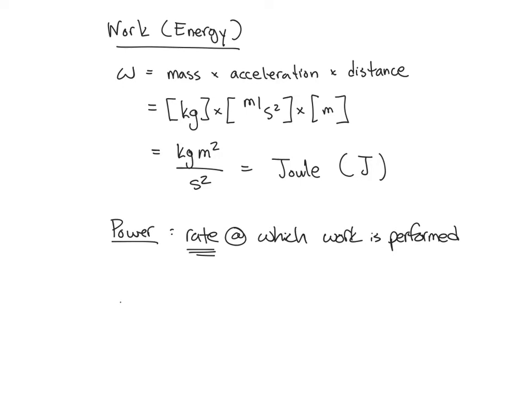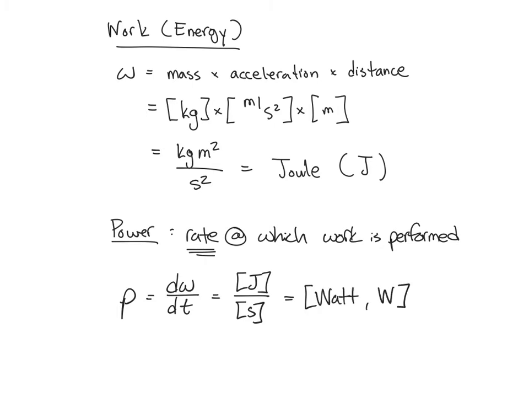So power is going to be denoted by the symbol P, and we know that it's going to be the first derivative of the work with respect to time, so dW over dt. And we know that the units of work is in joules, units of time is in seconds, so units of power is joules per second, and we call that a watt, W-A-T-T, which we use the symbol capital W for. And from this equation we see that 1 watt is going to equal 1 joule per second.